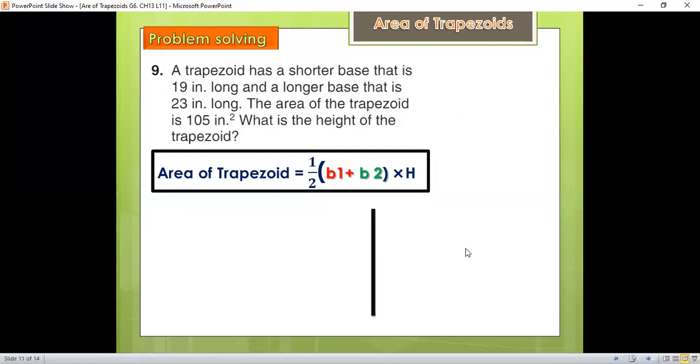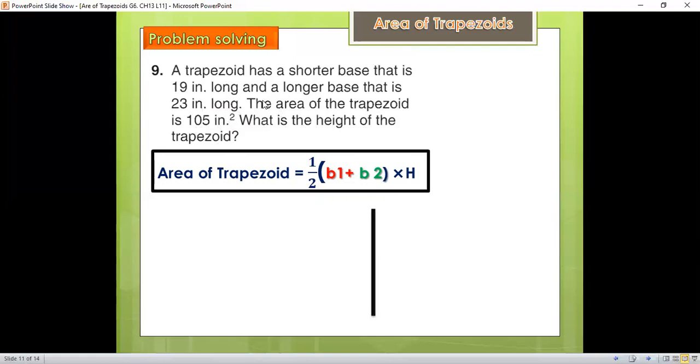Number 9. A trapezoid has a shorter base that's 19 inch long and a longer base that's 23 inch long. The area of the trapezoid is 105 square inch. What's the height of the trapezoid? It's different from the question before.